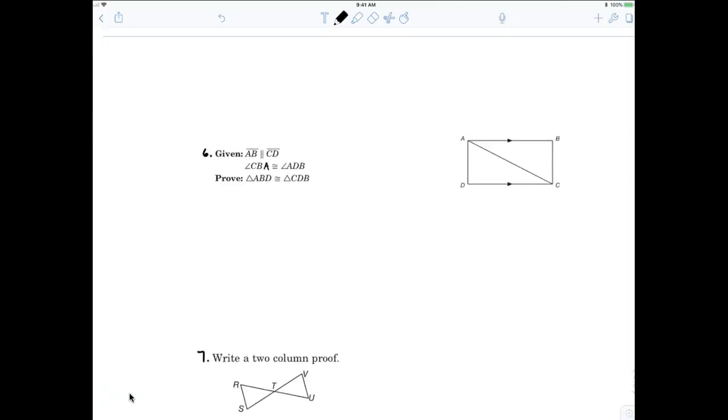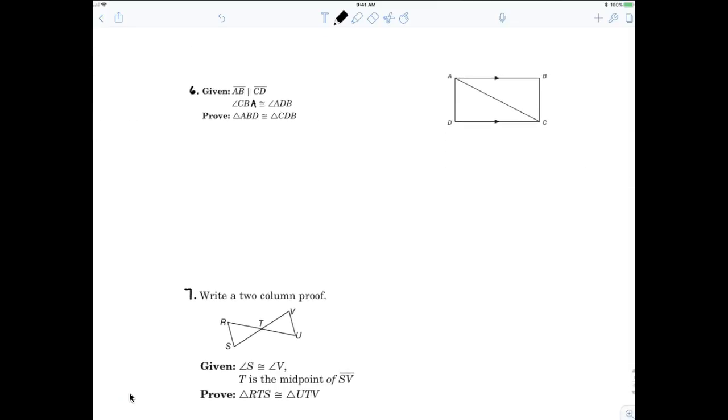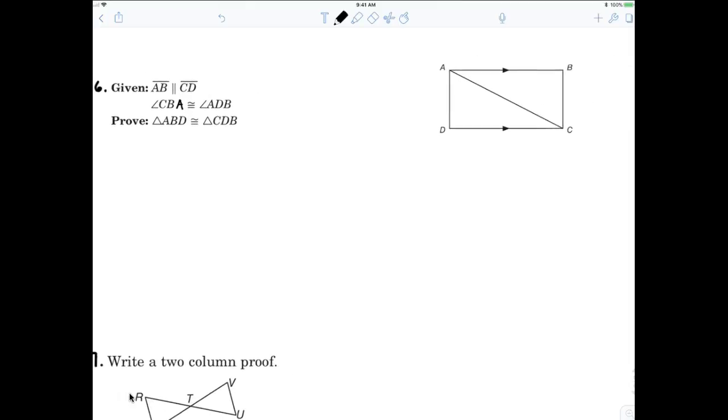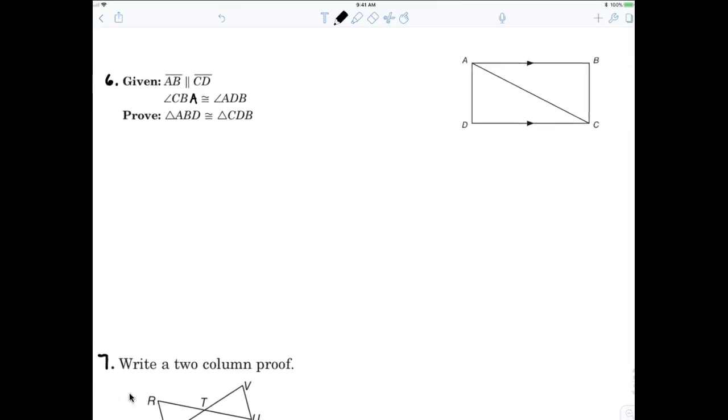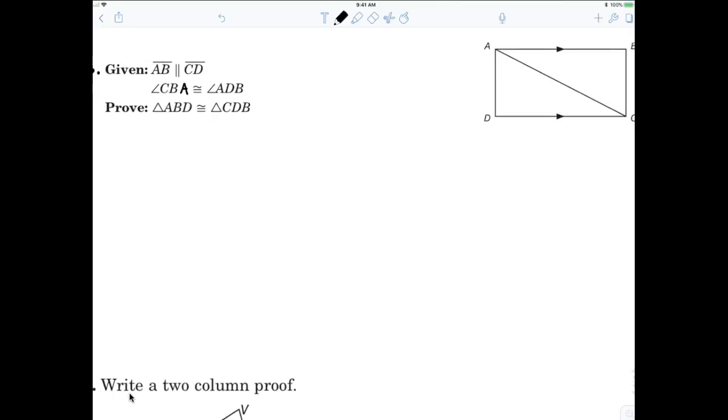I want triangle or angle CBA to be congruent to, wait, I think I just wrote that down wrong. CBA. So hold on. So A, B, D. It should be A, B, C, right?